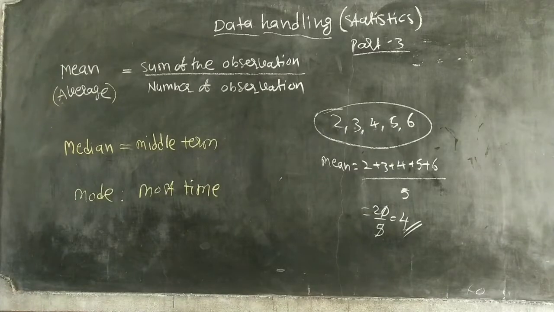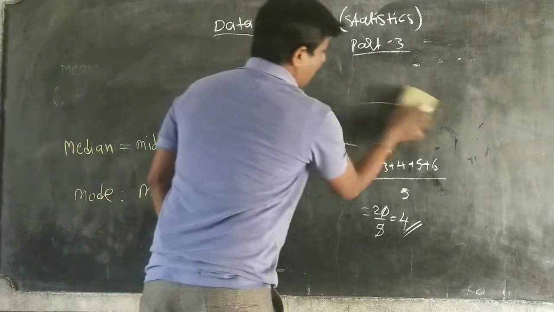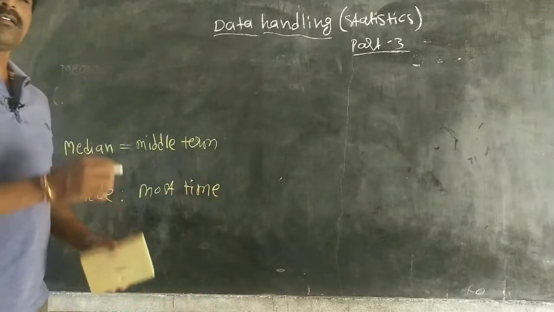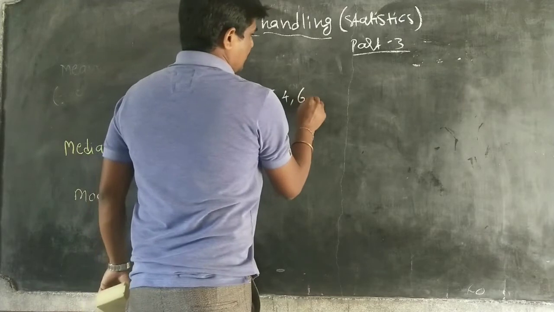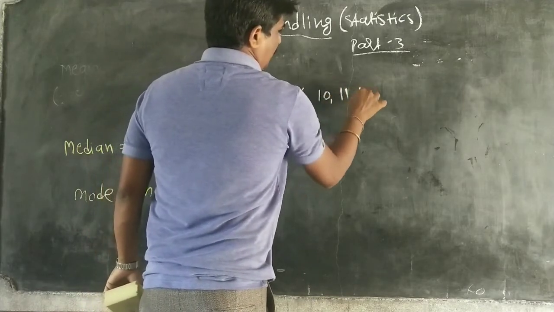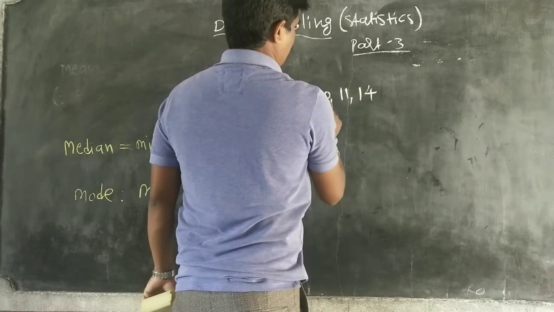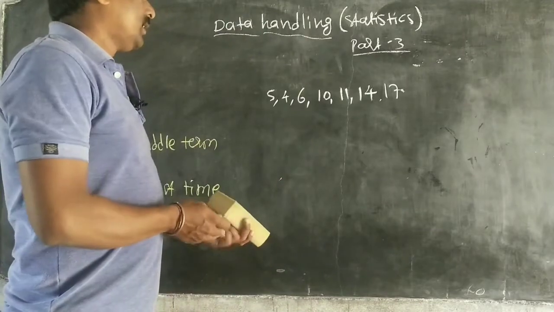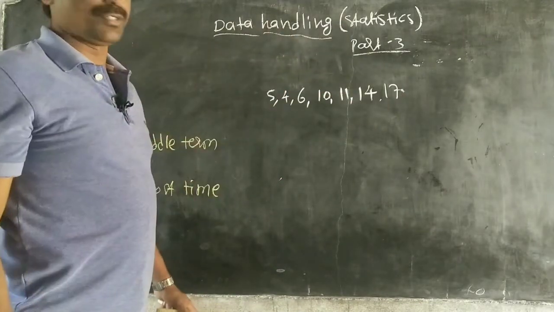Next, median. Median means the middle term. Take some numbers, given, say, 5, 4, 6, 10, 11, 14. You have to write these numbers in ascending or descending order, as you wish.